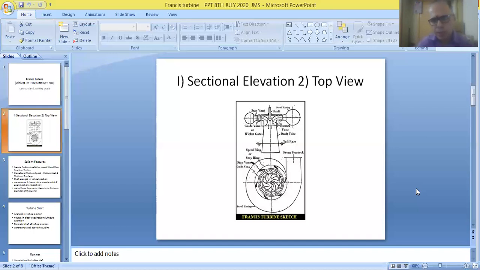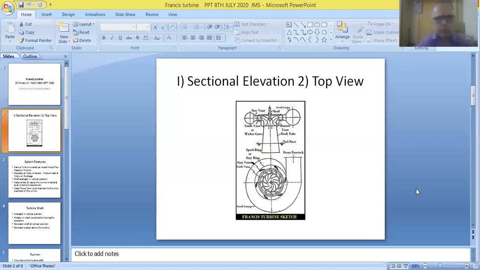So this is the complete arrangement, and this is about the construction of Francis turbine, and this is the arrangement of various components, very, very essential, used for operating the Francis turbine.